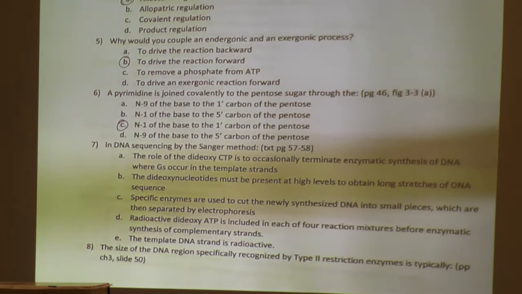It's going to be A. Dideoxy-CTP is used to terminate the enzymatic synthesis of DNA where Gs occur in the template strand, because in the dideoxy method you are transcribing the template strand, so you're getting the complementary strand. So wherever you have a G in the template, you'll end up with a C. Does that make sense?